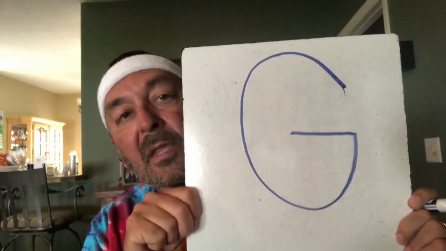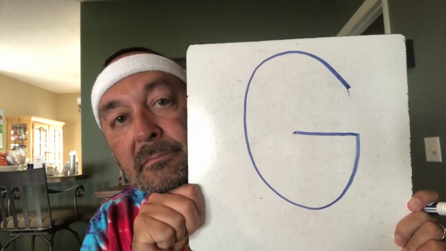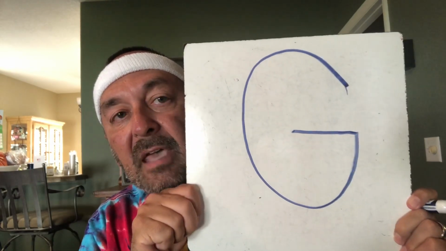I want you to do a big capital G for gallon. Okay? Big capital G for gallon. And do you remember how many quarts I said? How many of these fit in a big gallon? Right?